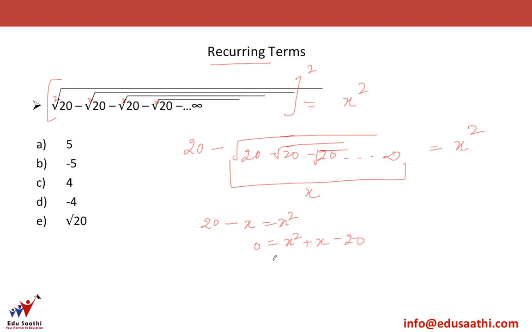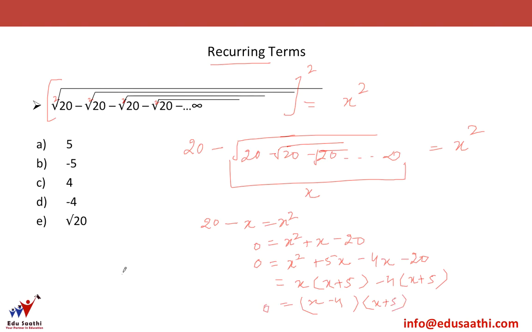Now this is the basic quadratic equation. So how to solve this? x square plus 5x minus 4x minus 20 is equal to 0. This gives me x into x plus 5 minus 4 into x plus 5. This gives me x minus 4 and x plus 5 equal to 0.